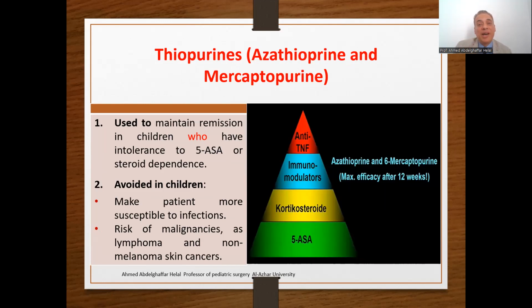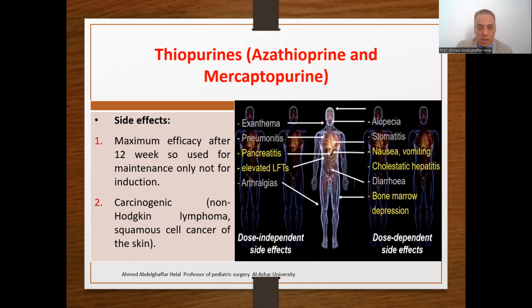Number two, they are now considered carcinogenic, with increased risk of lymphoma and non-melanoma skin cancer. Moreover, their efficacy is reached after 12 weeks, so they need a long time to induce remission of the disease.